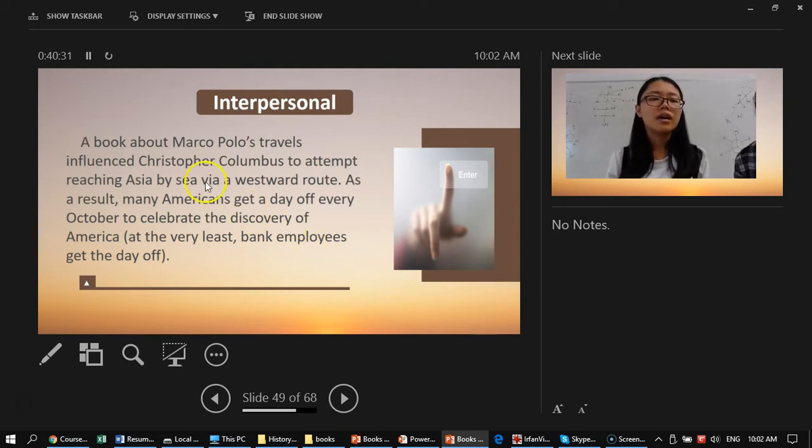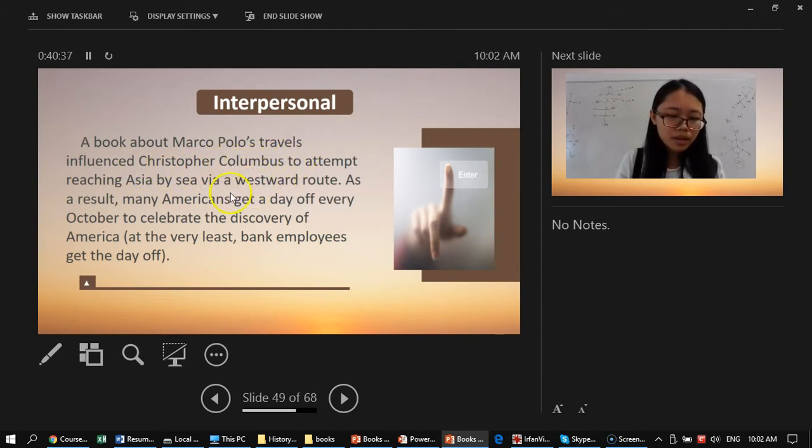For example, a book about Marco Polo's travels influenced Christopher Columbus to attempt reaching Asia by sea via the westward route. As a result, many Americans get a day off every October to celebrate the discovery of America.